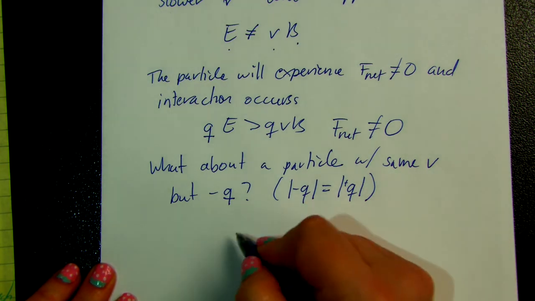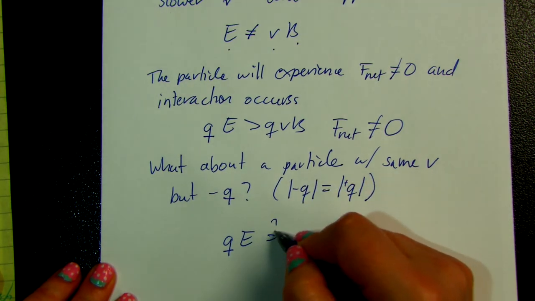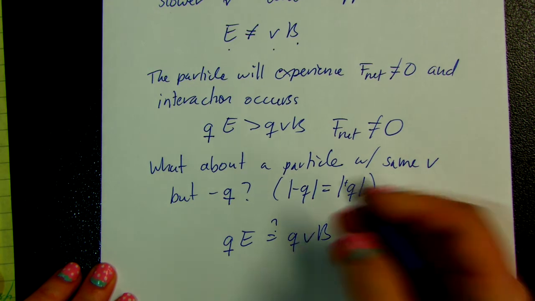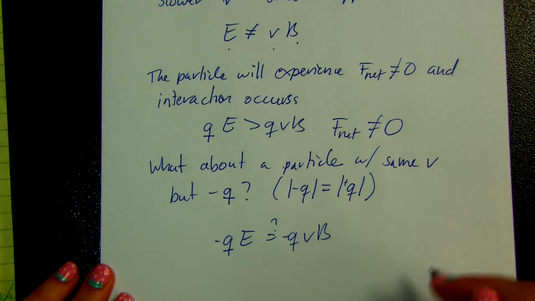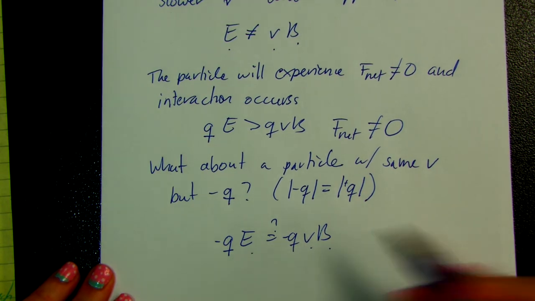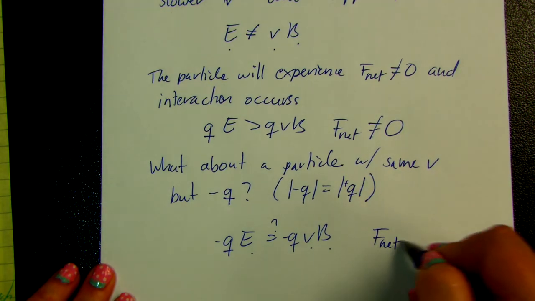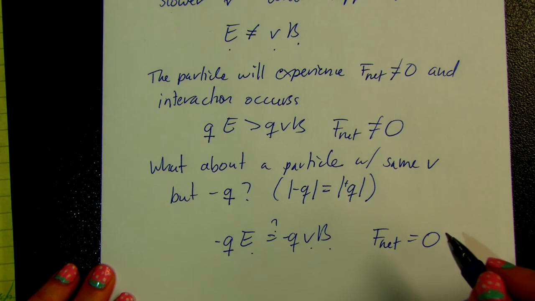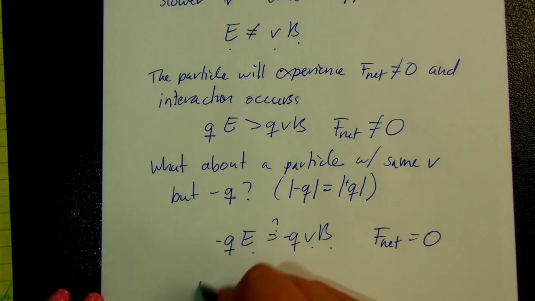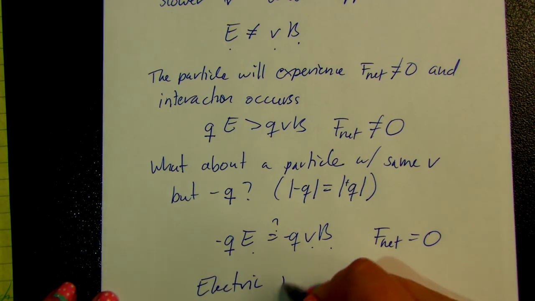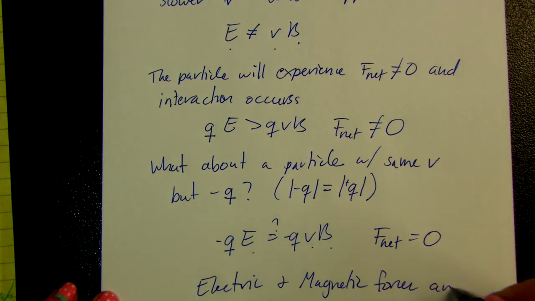So if you think about it, if we set this up, QE may be equal to QVB, and you do this to both sides, you still have a situation where they're equal to each other. The main components have all stayed the same. So F net still 0. And the electric and magnetic forces are flipped.